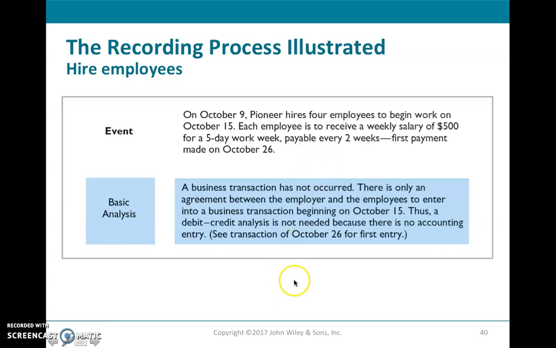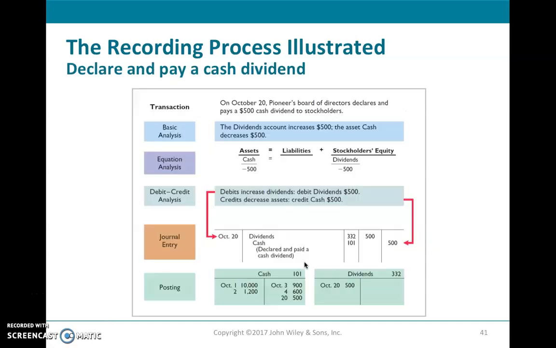However, we won't have a transaction that needs recording until the employee actually works for us, and at that time we do owe the employee money for the amount of their work. And when we pay them, or when it's time to prepare our financial statements, whichever comes first, we need to record the entry for their wages or salaries.